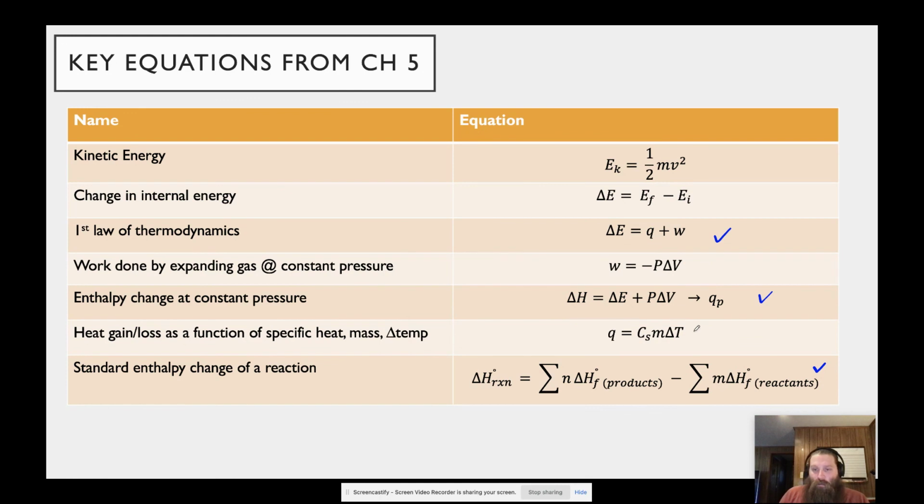Now, specific heat is from year 1 chemistry, so hopefully you remember that from last year. Specific heat's not really all that difficult. And these two are also pretty simple. This one you will likely not see on the AP test or anywhere other than conceptually speaking. But in case you needed it, here it is, okay?